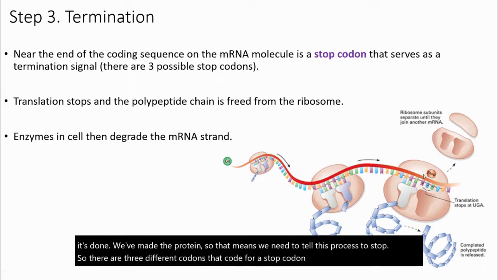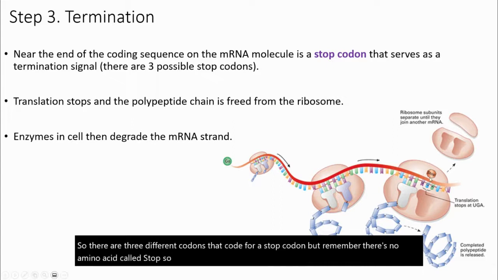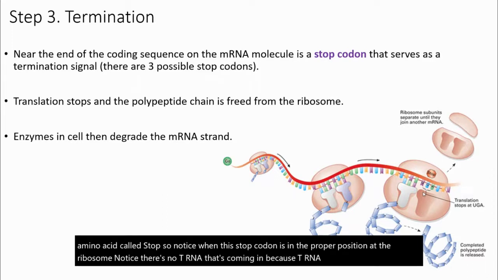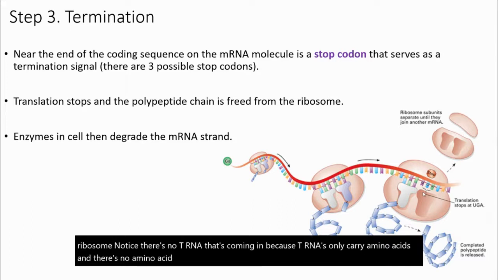But remember, there's no amino acid called stop. So notice when this stop codon is in the proper position at the ribosome, notice there's no tRNA that's coming in, because tRNAs only carry amino acids, and there's no amino acid called stop.